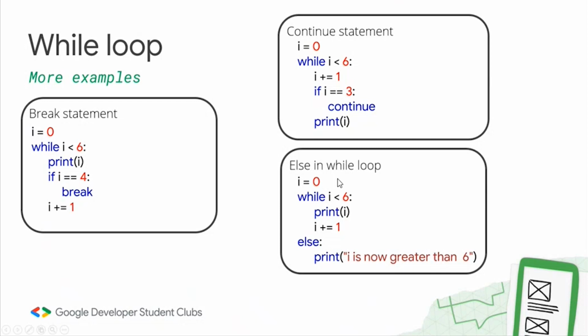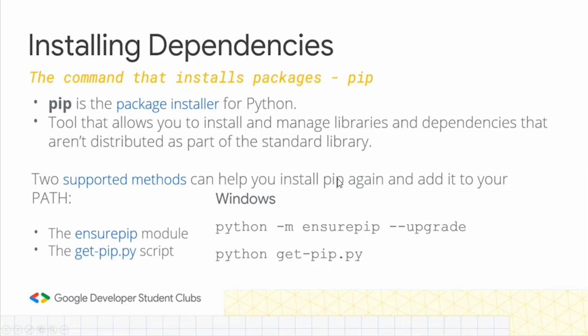So now let's move on to dependencies. pip is the package installer for Python. If you want to install modules or libraries that are not part of the standard library, you have to call pip and then install. But pip has to be installed first if it's not already on your system, so you have to install it and add it to your path.